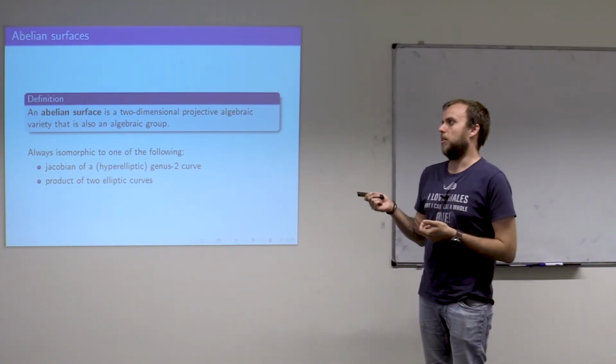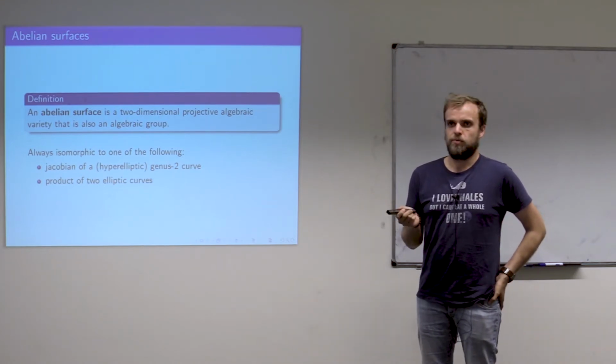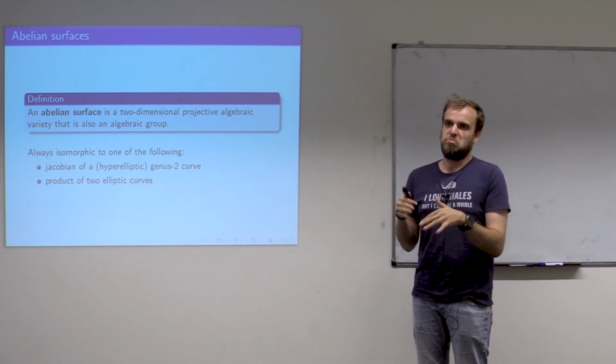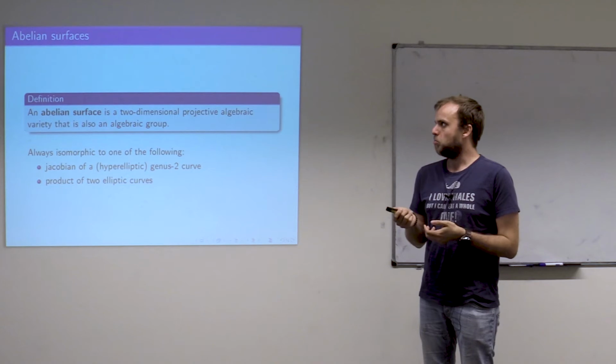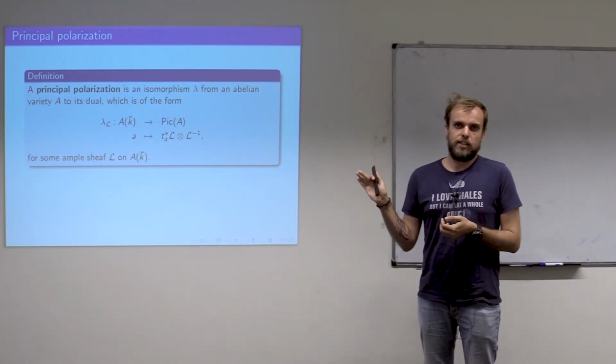And these fall into 2 categories. We can just have a genus 2 curve, or we can have a product of 2 elliptic curves. Intuitively, this is not too hard to imagine. You can have genus 2, or you can have some sort of degenerate case that breaks down into 2 genus 1 cases.